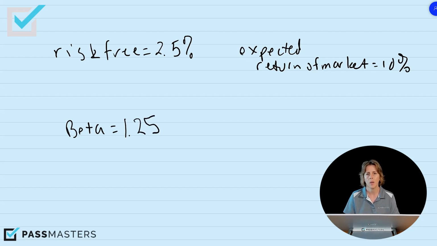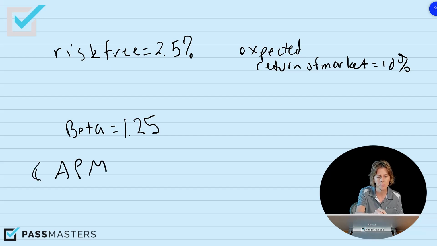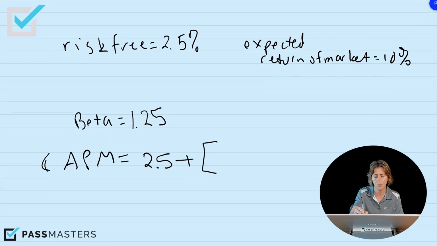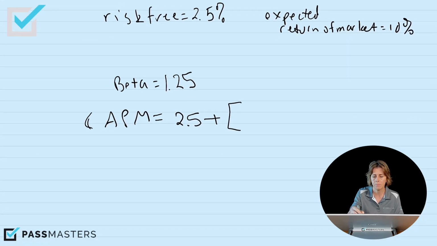So it moves more than the market as a whole. So the formula for the capital asset pricing model: we're going to take risk-free 2.5 and add it to the beta 1.25 times the expected return of the market 10 minus the risk-free return 2.5.